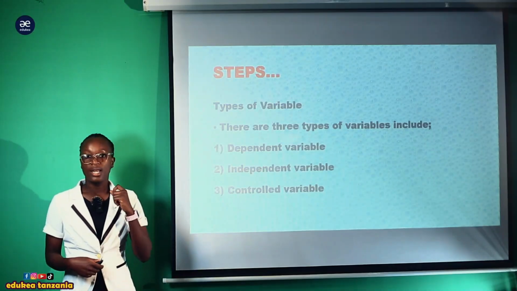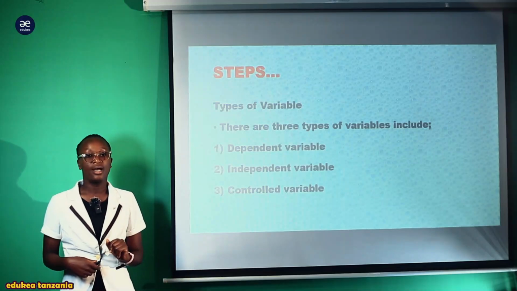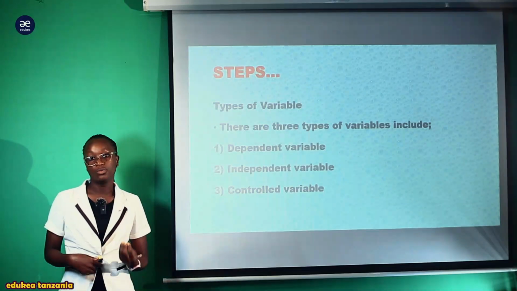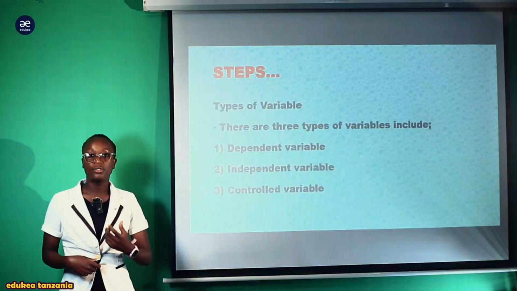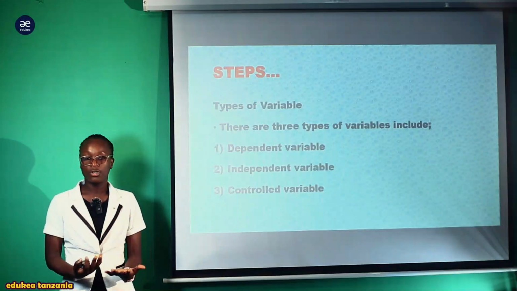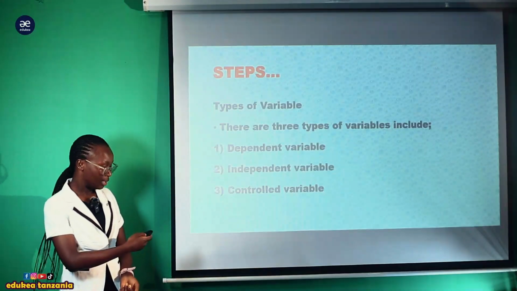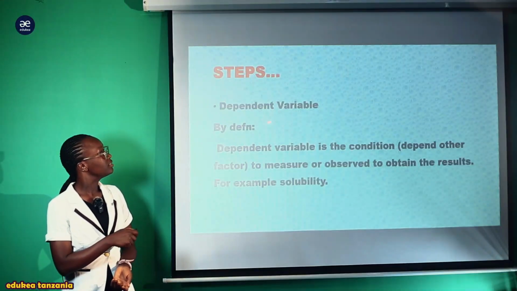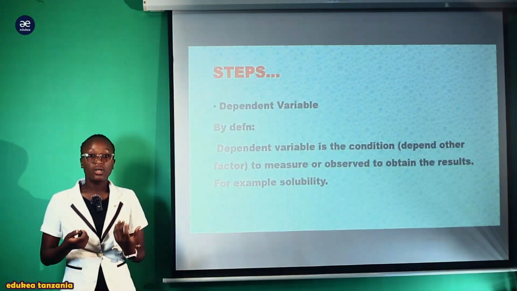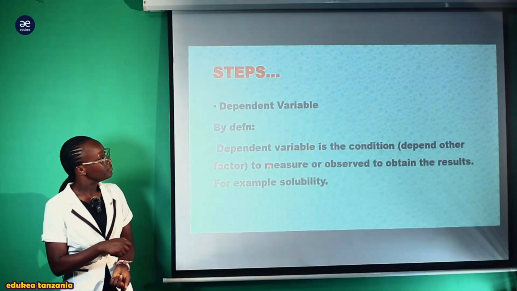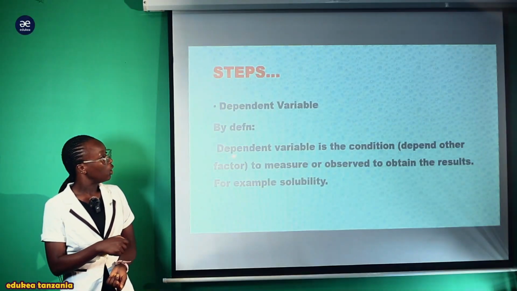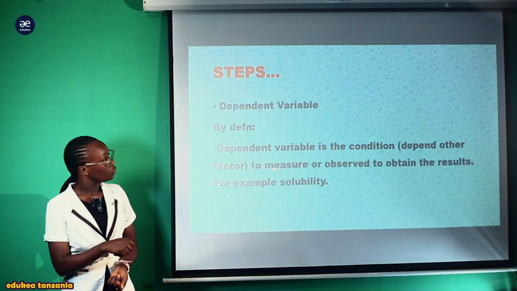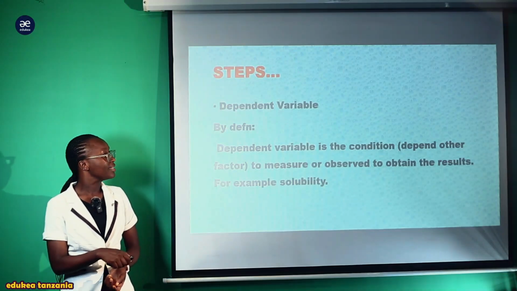When we talk about dependent variable, tunamaanisha nini? When we talk about independent and controlled variable, tunamaanisha nini? Now, let us start with the dependent variable. When we talk about dependent variable, it means that the condition to measure or observe to obtain the result means that this depends on other factors.